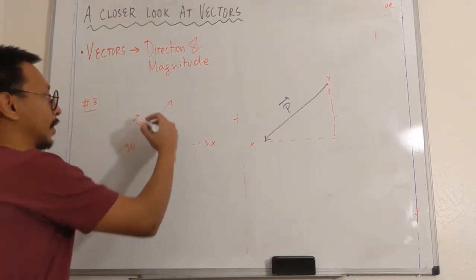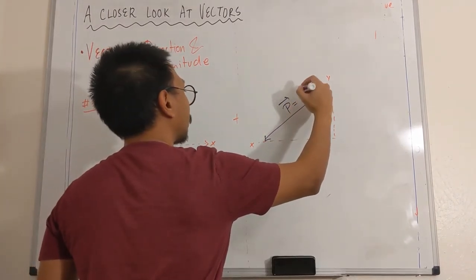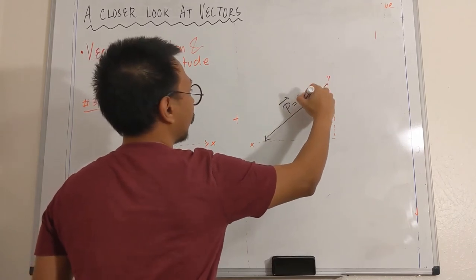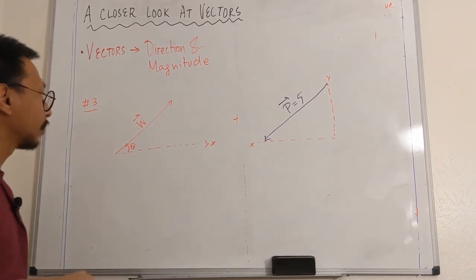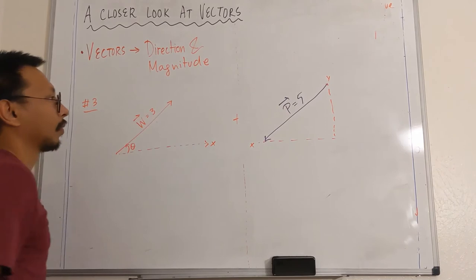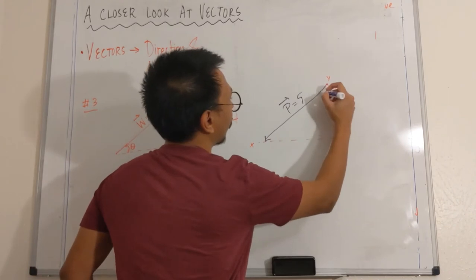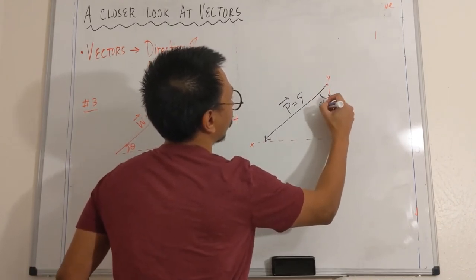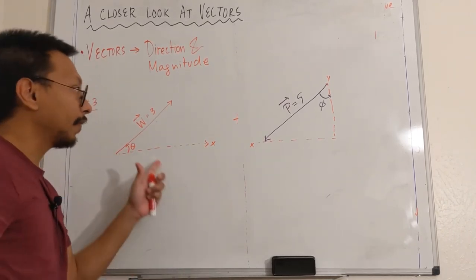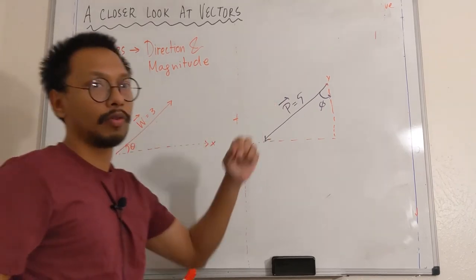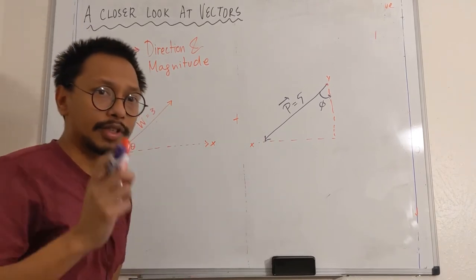Let's say W has magnitude of 5 and P has magnitude of 3, and this vector makes an angle, let's call it phi, with the vertical or y-axis. Now, if these were two scalars, you would just go, the total value of the scalar is 8 by adding 3 to 5. Okay, but these are not scalars, these are vectors.